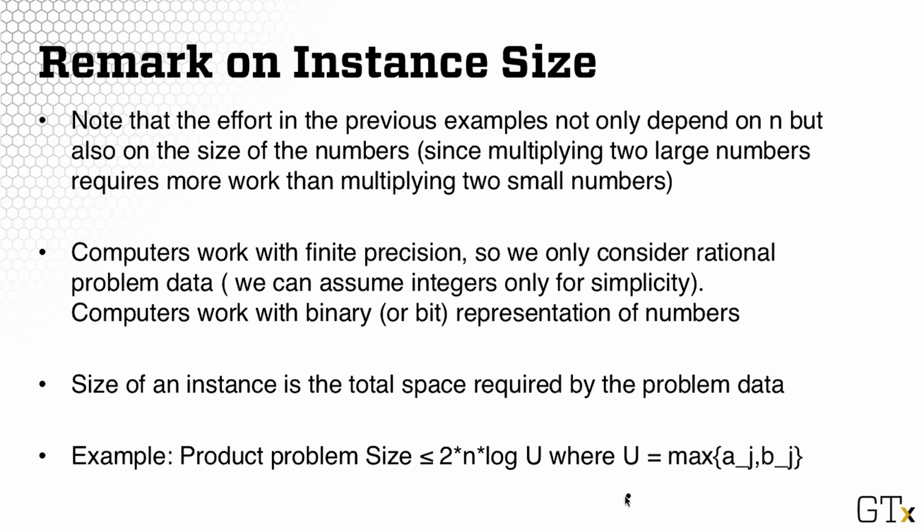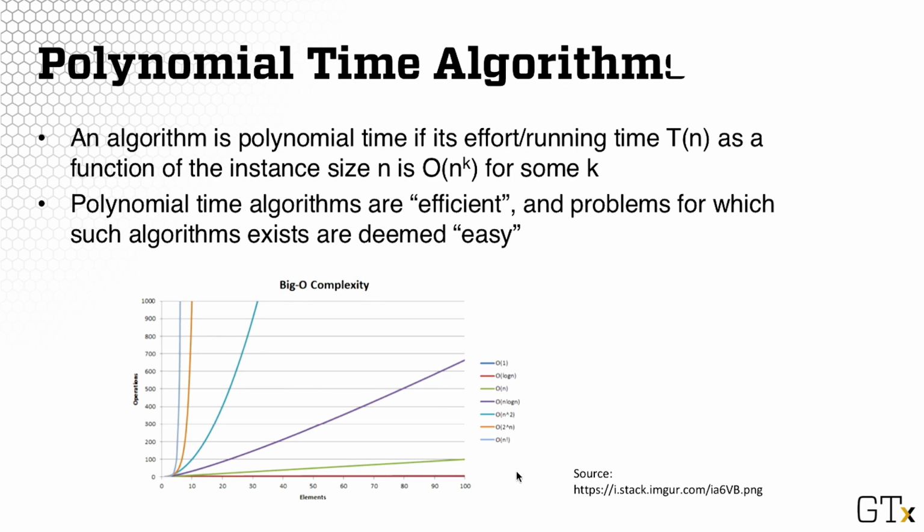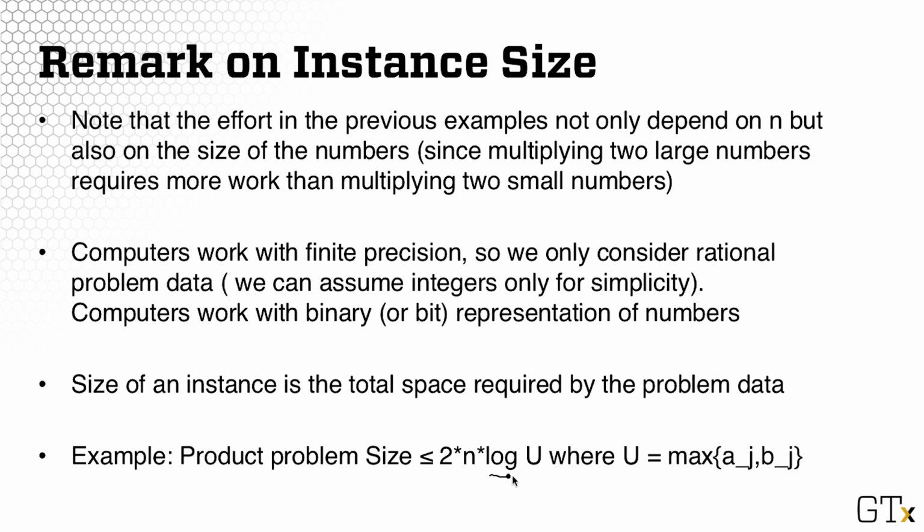To represent an integer of size u, you are going to require log u bits. Remember, we represent a number in binary, so at most log u bits. So the total space required is 2n times log u. This is going to be our size representation, but sometimes we don't worry about the numbers too much. Sometimes we're just going to care about n, the number of data involved.